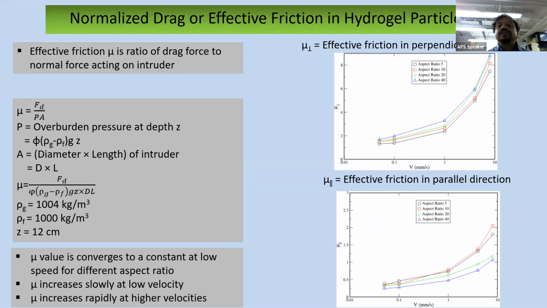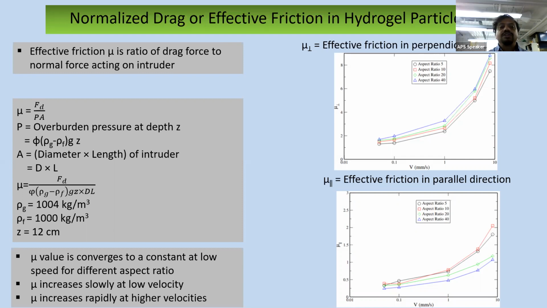That drag force was then converted to the effective friction. Effective friction is the ratio of the drag force to the normal force acting on the intruder. So we have measured the drag force both in parallel and perpendicular directions. So we have effective friction both in parallel and perpendicular directions.